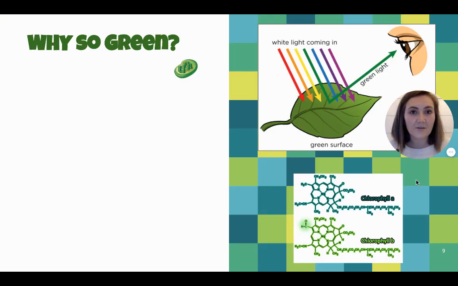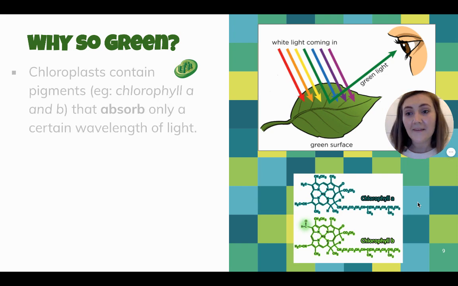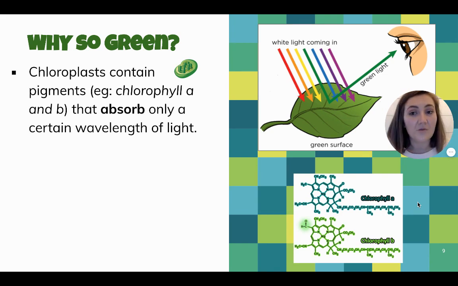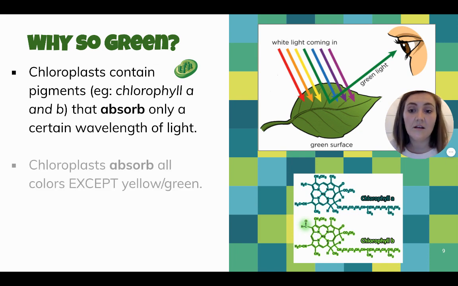All right, so switching gears a little bit, this is looking at objective number 6. Why are plants green? So here's why. The chloroplast, remember, is the organelle, and it contains pigments, like ink in a way. Two very common ones are chlorophyll A and chlorophyll B, and these are pigments that absorb only certain wavelengths of light.